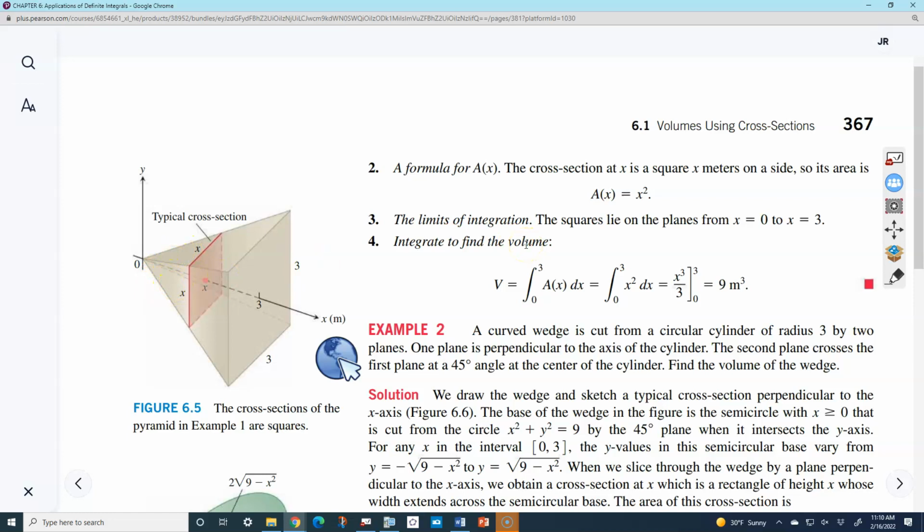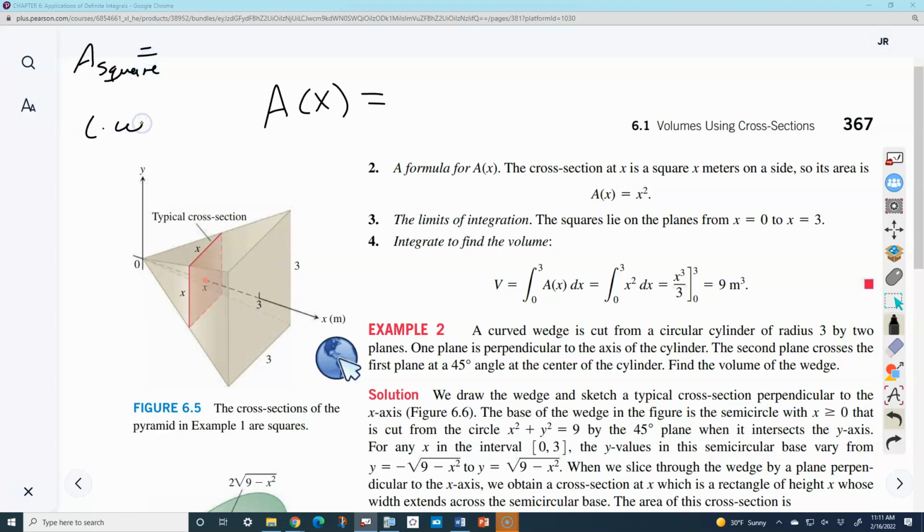All right, so what we want to do is find a function for the area of a cross-section in terms of x, and that won't be hard to do here. First of all, what is the area of a square? For a rectangle, it's length times width. But for a square, the length and the width are the same thing. So it's like L times L, or W times W, or let's just say side times side, or S squared.